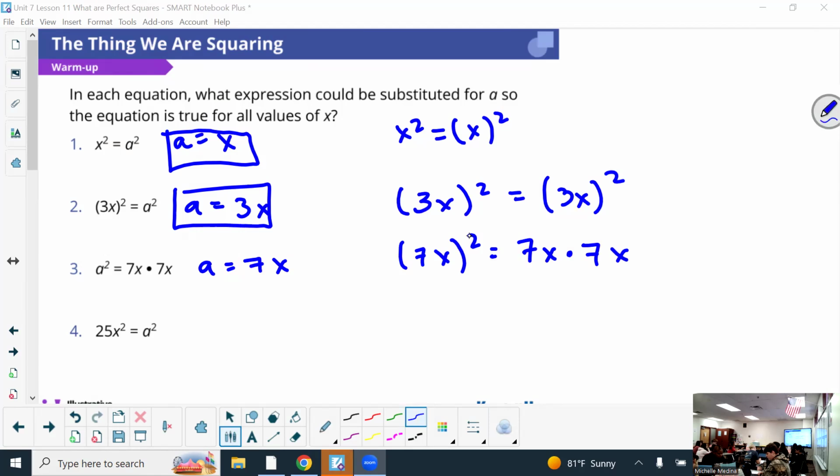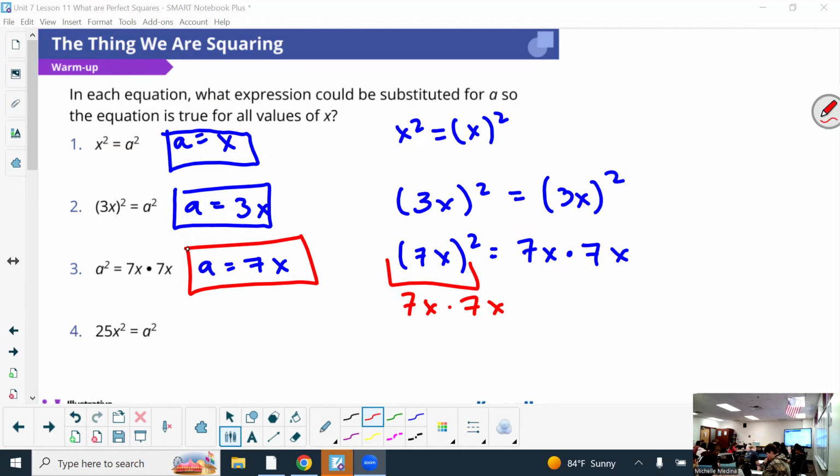Multiply the base by itself. So that on the left side does expand to 7x times 7x. So it's just another way to write it. This would be considered the condensed form. But it is true. So this is correct. If A was 7x, then it would make it true.